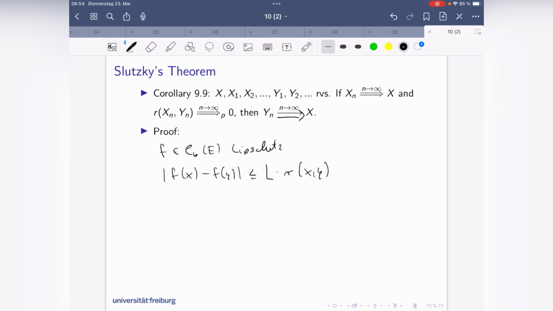But we also know that since f is bounded, that's bounded from above by 2 times the maximum of f. So we have this bound here for all x and y in E. And we can use that for some dominated convergence. Lim sup n goes to infinity.